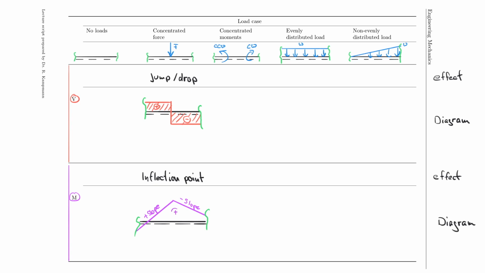Technically, we usually add these as well here, but it's not the point to say that we have a positive area and a negative area here. But it's important to state that we have a positive slope and a negative slope because of the relationship to the shear force. Now let's look at the next case, which the one that we discussed next in the class was really the evenly distributed load.